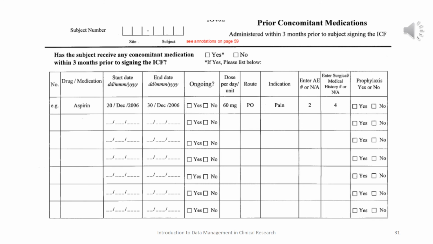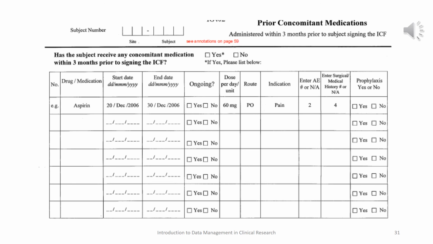And then the next column over is for indication. That's the medical indication, the reason why the patient is taking that medication. And then the next column over is where we would enter either an adverse event number or, in the column adjacent to it, a medical history number.